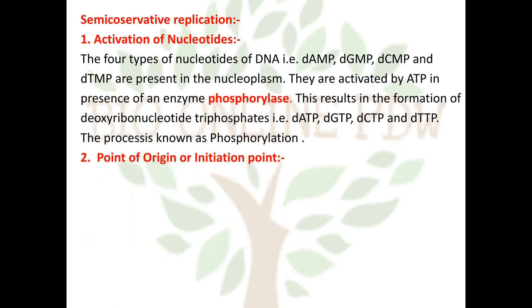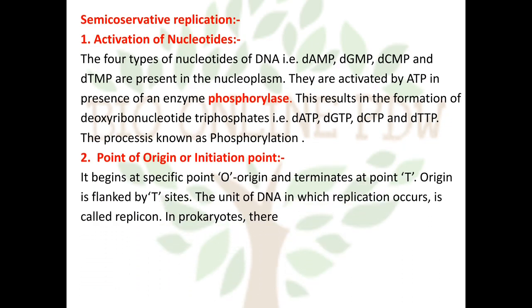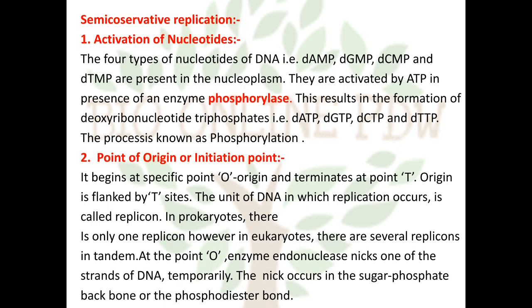The second step is the point of origin or initiation point. It is the point which is called O or origin, and replication terminates at the point T. Origin is flanked by the T sites. The unit of DNA in which replication occurs is called a replicon. In prokaryotes, only one replicon is present, whereas in eukaryotes, several replicons are present in tandem units.